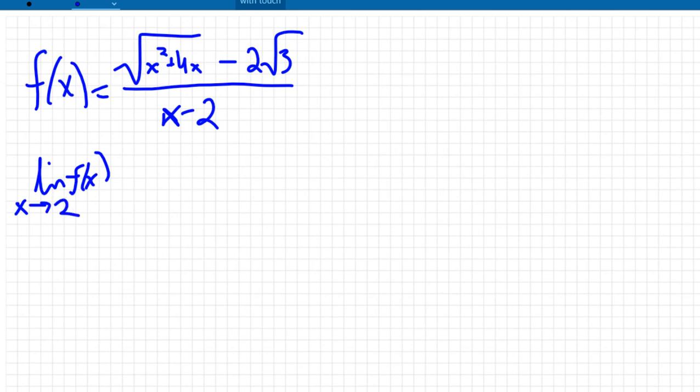So again, we just evaluate this straight at 2. You get 0 in the denominator. We can't do that, so we need to do a little bit of algebra here. One very important thing from some later algebra classes is that whenever you have two terms minus each other, if you have a minus b, you want to multiply by a plus b, and the multiplication of the two binomials gives just a difference of two squares.